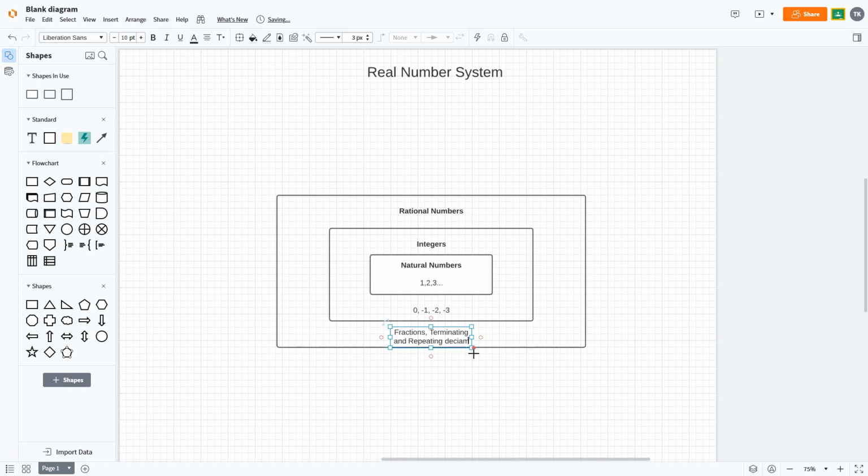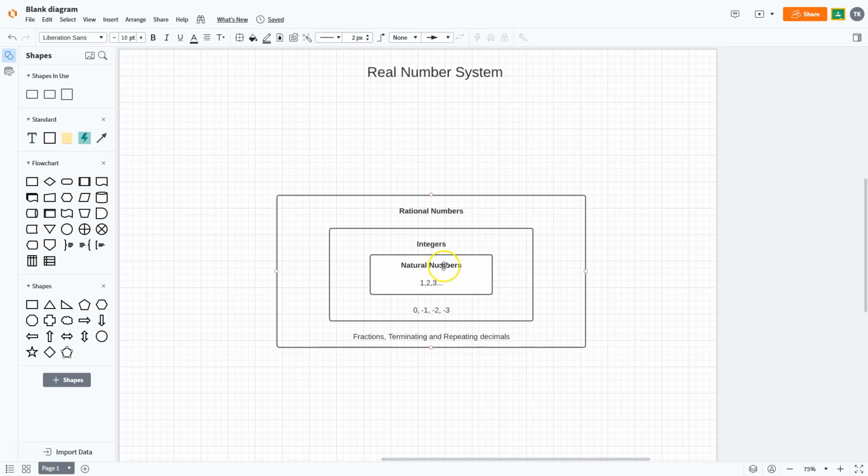Because any fraction of integers, if you convert it to a decimal, you'll get either a terminating or repeating decimal. Okay. Now, once again, we have this containment.